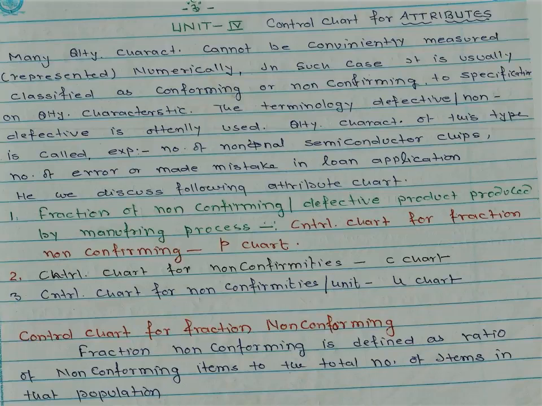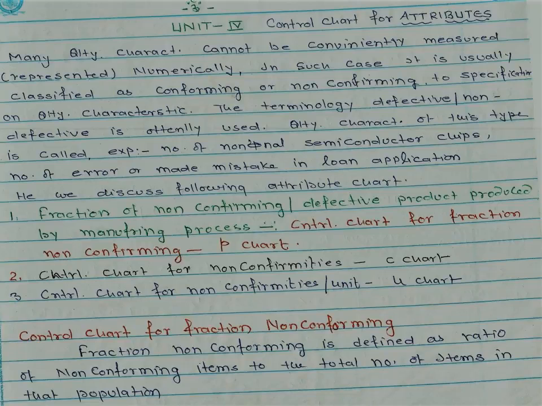In this case we just count how many products are non-conforming to the desired characteristics. That is called the C chart. The basic difference between P and C is that in the P chart we calculate the proportion from the quantity produced during a particular period, whereas in the C chart we simply count the number of non-accepted products.